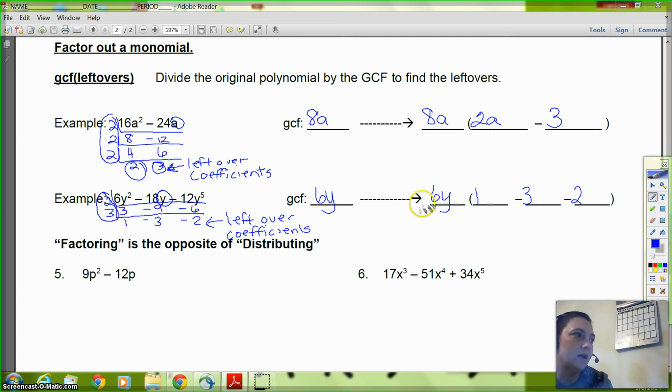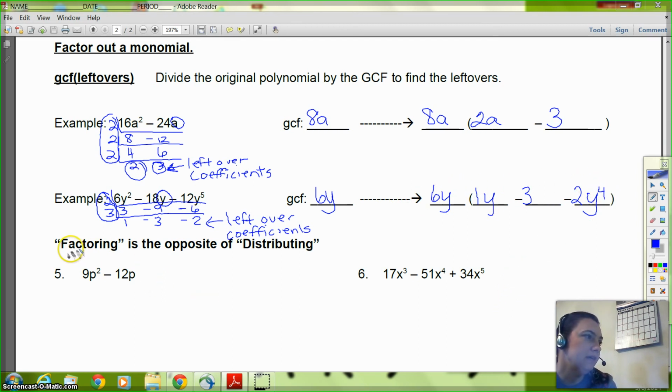And then I have to do my y's. So y squared divided by y gives me a y. Y divided by y, again, cancels out and leaves me a 1. So negative 3 times 1 is negative 3. And y to the 5th divided by y gives me y to the 4th. So here's my completed factored problem.